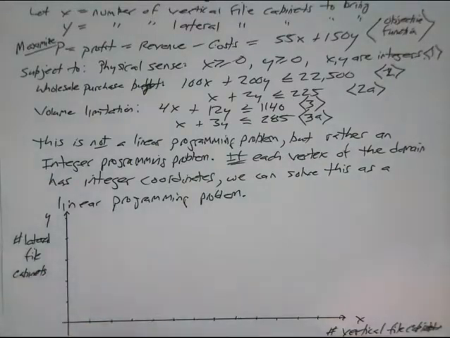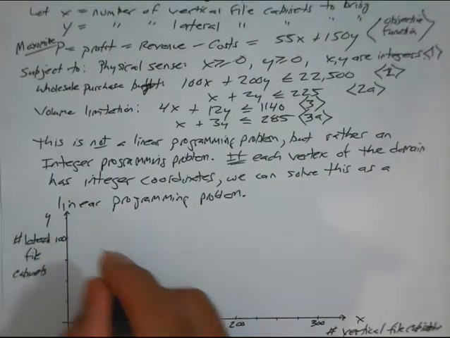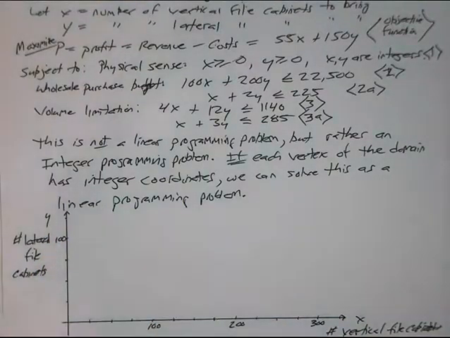Alright, so it's 25 per tick mark. 1, 2, 3, 4. 100. 1, 2, 3, 4. 200. 1, 2, 3, 4. 300. 1, 2, 3, 4. 100. Okay, let's see if this works out for us.